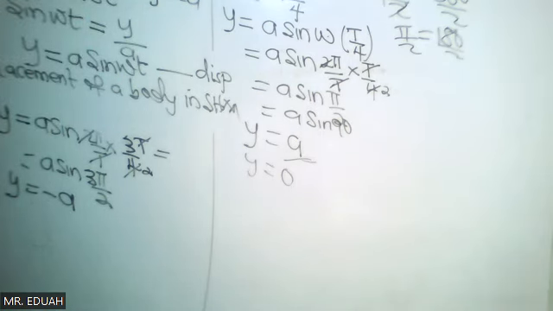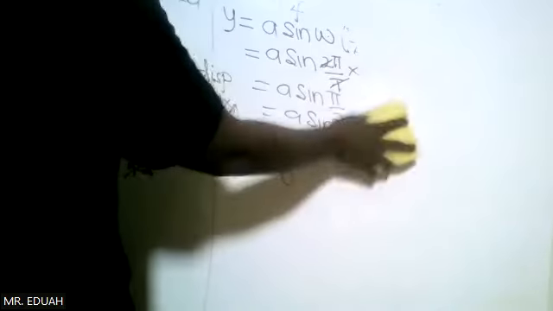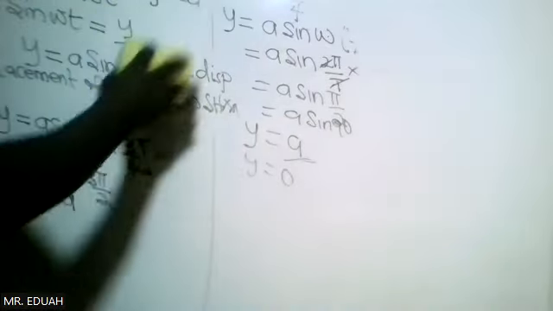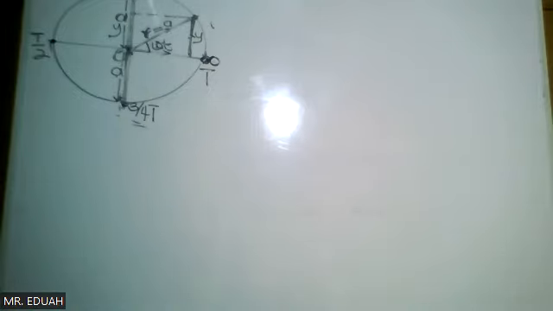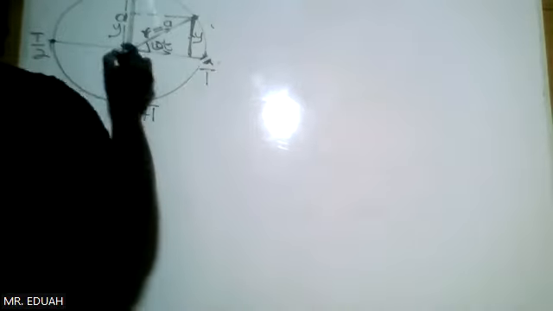So we can plot the displacement equation of an oscillating particle over one cycle. And this is how to do it. That's exactly what we've done. So you can be asked to plot the displacement equation of an oscillating body over one cycle.